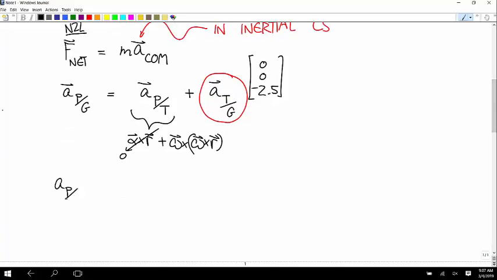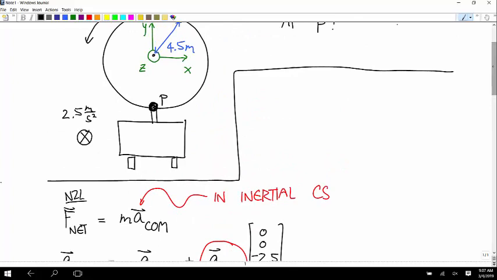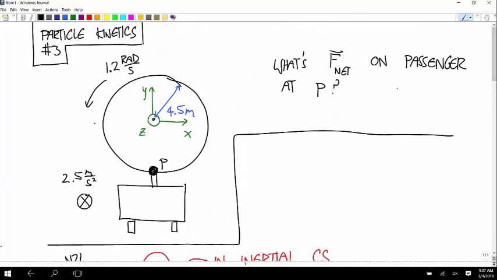So the acceleration of the passenger relative to the train is, I have my angular velocity in the positive z direction, and the r vector from the center of the circular motion to the point that you care about. So that's 4.5 meters in the negative y direction.